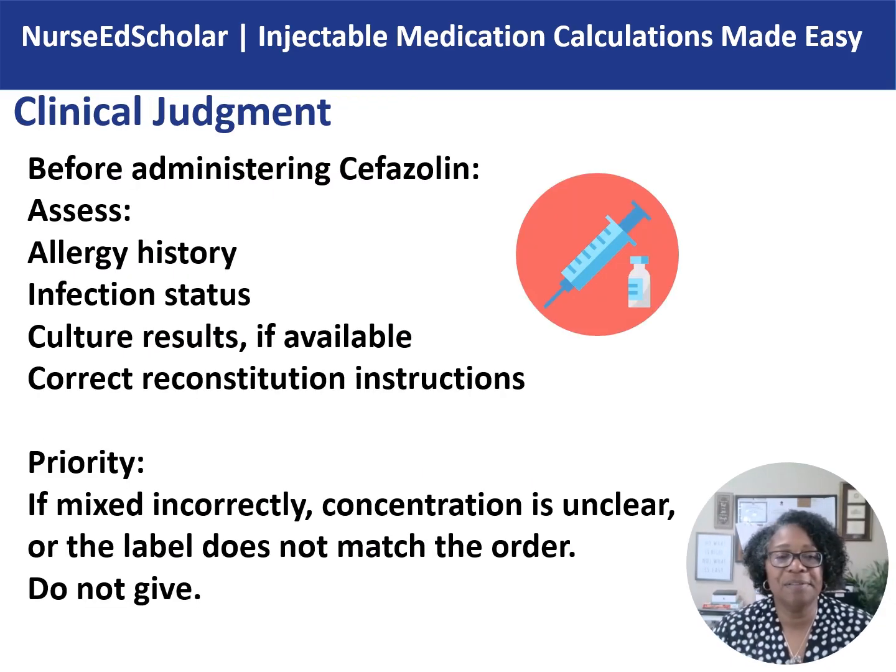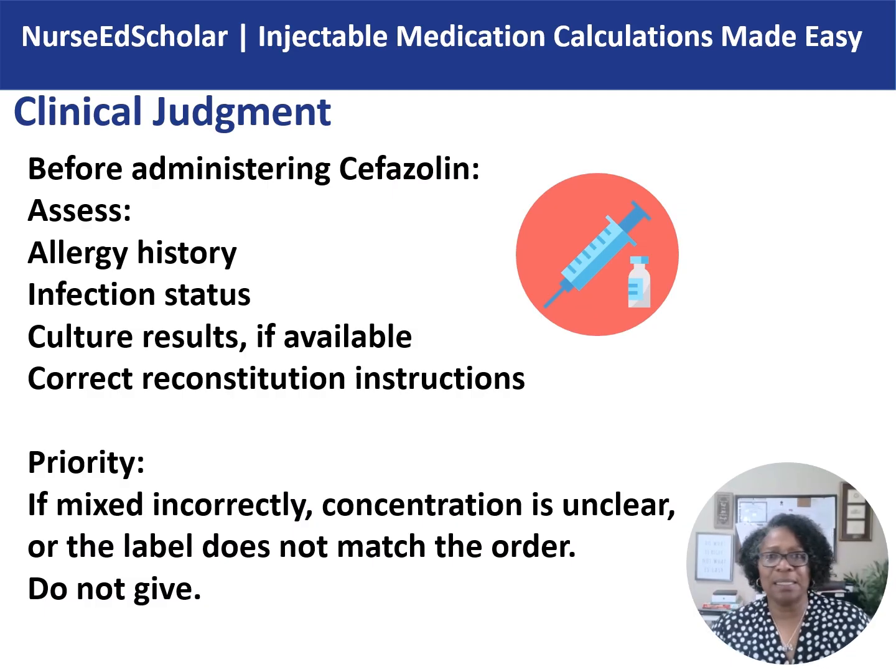Before you give cefazolin, same things. Assess allergy history. What's the infection status? Did they obtain a culture? You're going to find that with any antibiotic. And did I reconstitute the vial correctly?